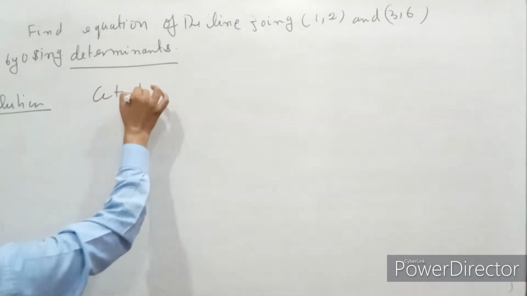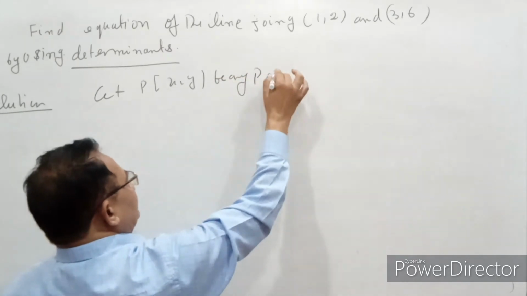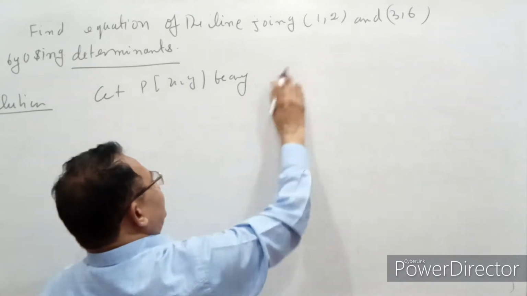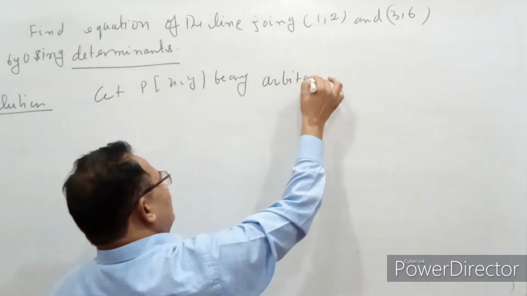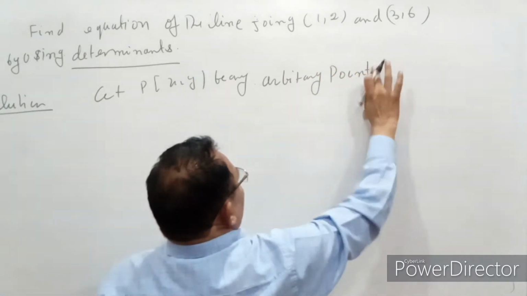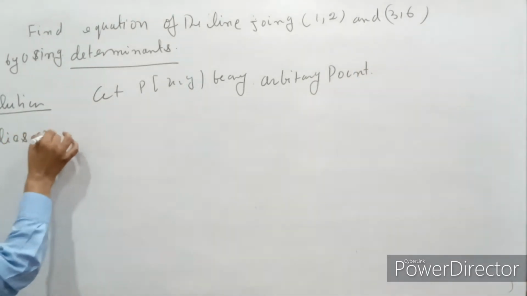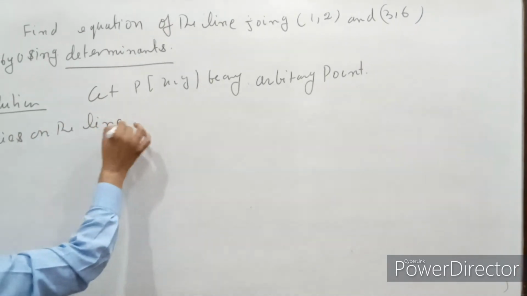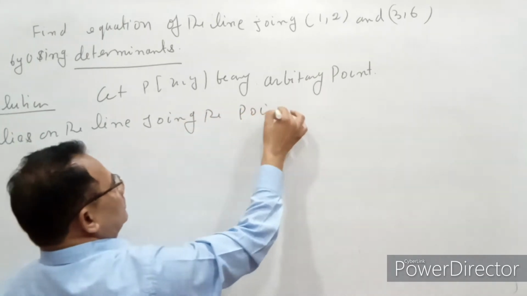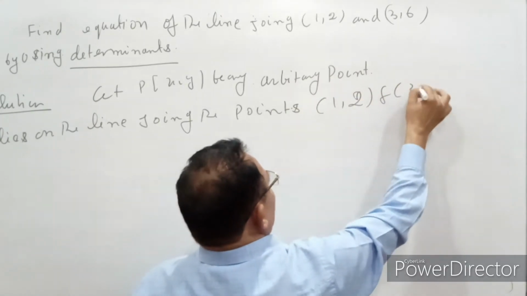Let P(x, y) be any arbitrary point, a variable point, lying on the line joining the points (2, 3) and (3, 6).